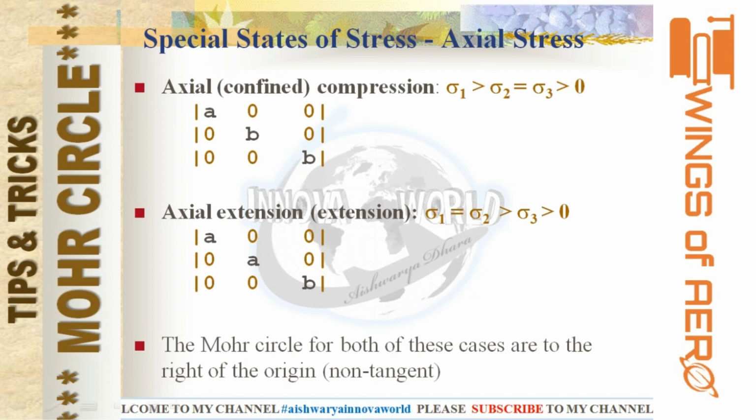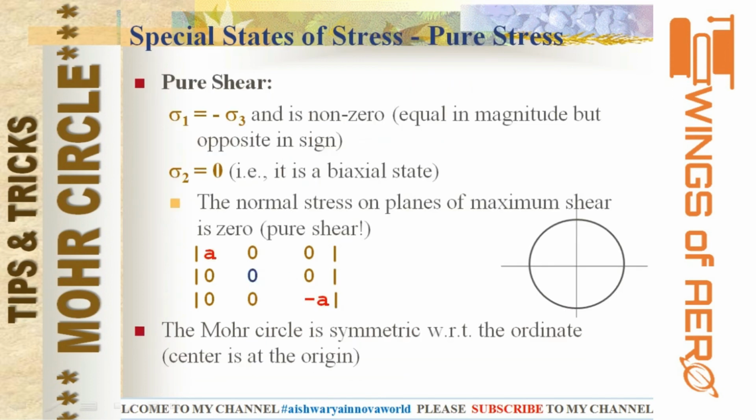Here comes axial stress. In axial stress, among the three axes, any two will be equal to each other and another will be unequal to them. That means it is an axial stress. Next comes pure shear. How can we denote pure shear?